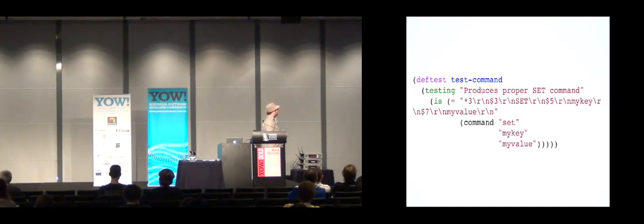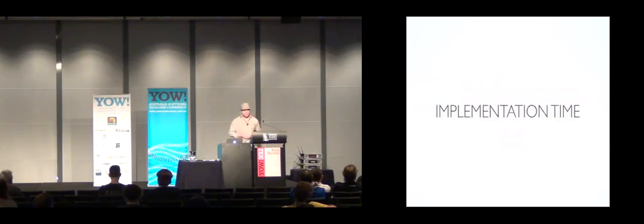Then I take that string I had from before and copy it in there. And I say, is it equal to invoking a function I haven't actually defined yet, command, passing the argument set, my key, and my value? These are the things that we're looking to do. So I'm going to create my little magic world here, and since we haven't written it yet, it's going to fail miserably. But we can go to an implementation and see how this is going to work.